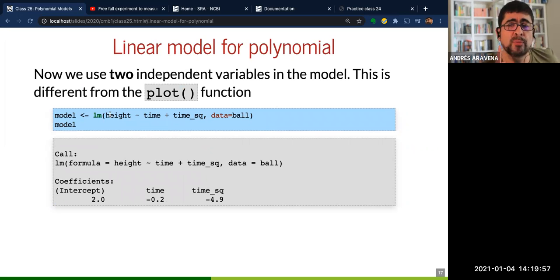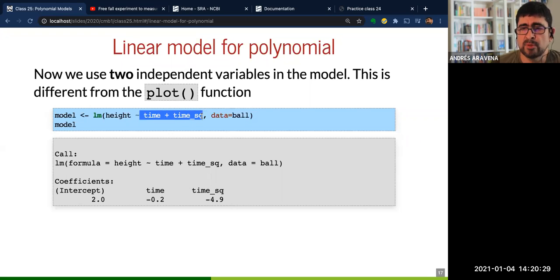Here you have to be careful, because this is where the linear model is different from the plot. Until now, since we have one horizontal and one vertical, we can do a plot and a linear model in the same way. Now, with this polynomial, the problem is that we will have several independent variables, still one dependent, one vertical, but several horizontal variables. Here we have time and time squared.